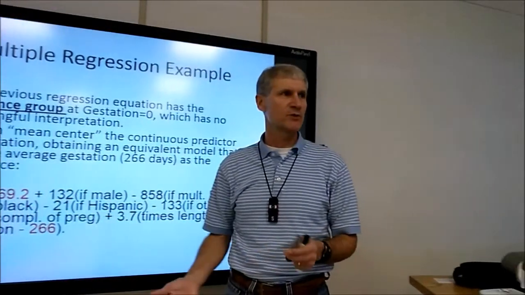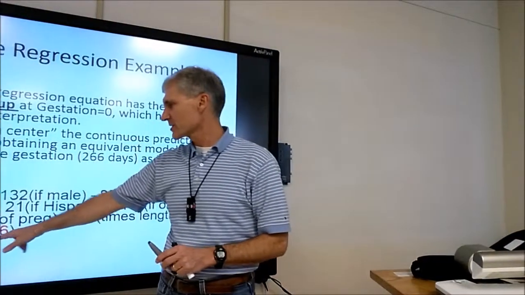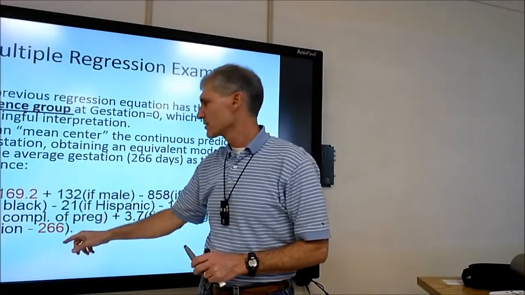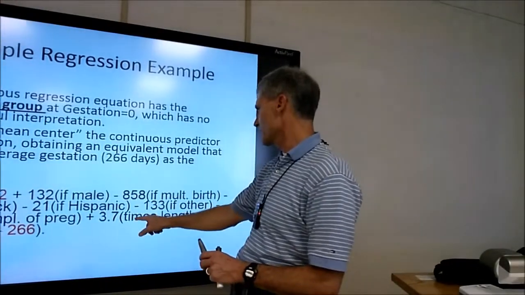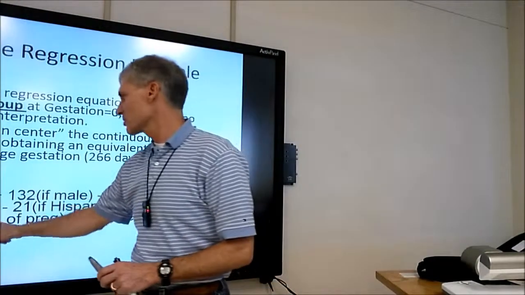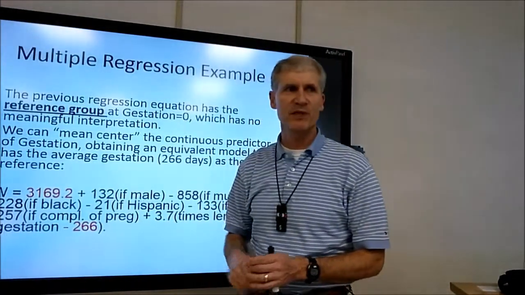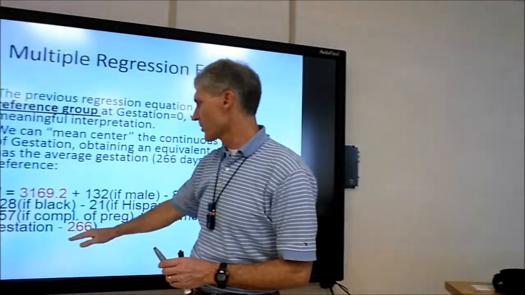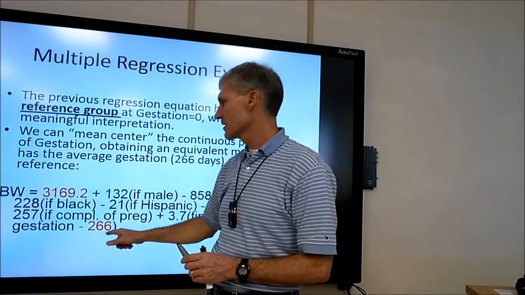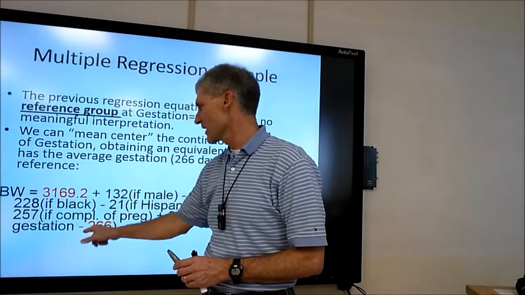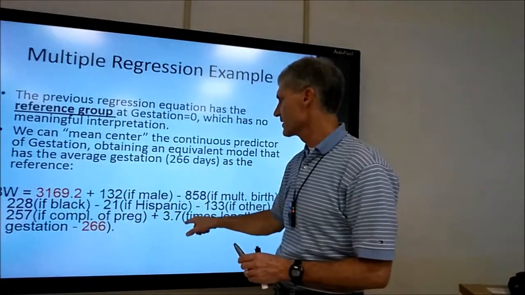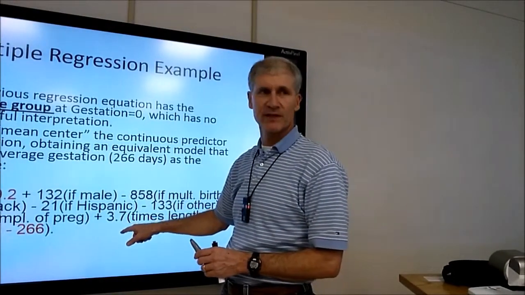We guessed a minute ago at 270. So the average gestational age in this data set was 266. Notice that it's in parentheses, length of gestation minus 266. I've mean centered that. So if they were born at 260 days, then length of gestation minus 266 is a negative 6. You're going to subtract off 6 times 3.7.